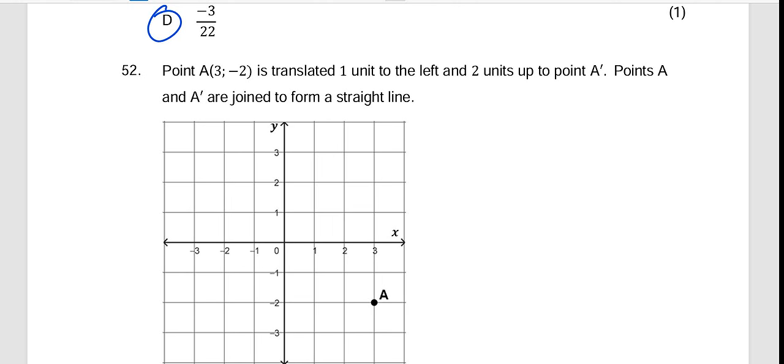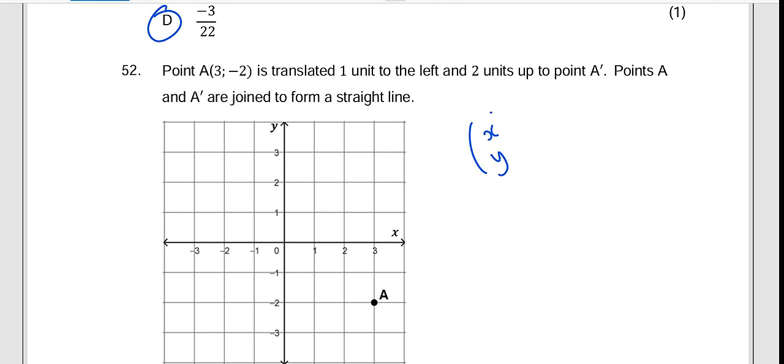When you see a translation question, just know that it involves X and Y, left and right: left for minus, right for plus.